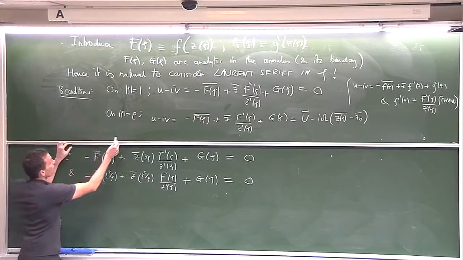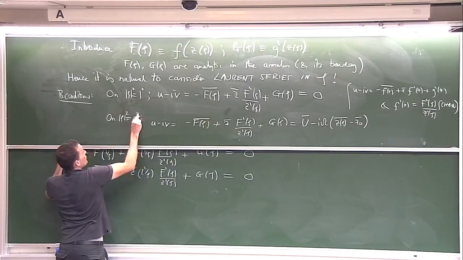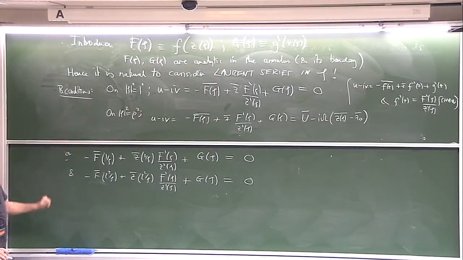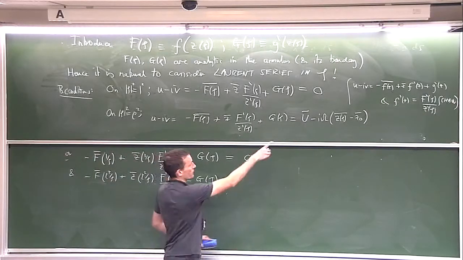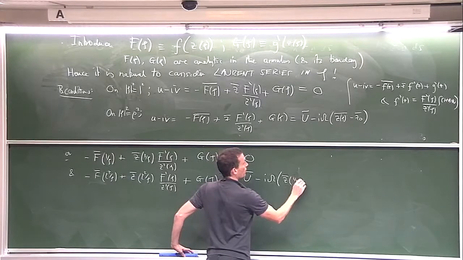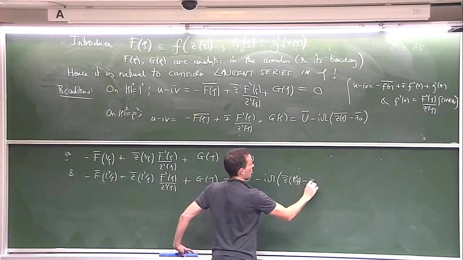Right? Just look. If I square both of these, this is zeta bar. Oh, sorry, you're probably wondering why I haven't put that there. Rho squared. Sorry.